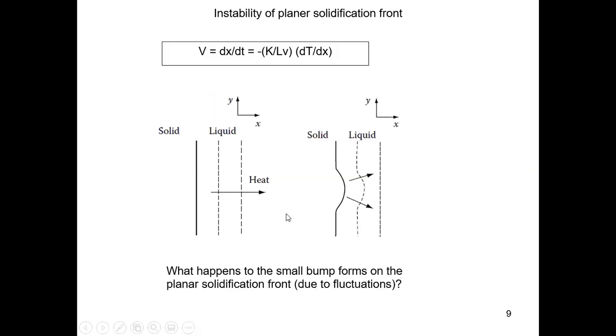In this particular system, if I have a small bump form on the solidification front like this, is this small bump in general going to further grow into the liquid, or is it going to melt back so that you maintain a planar interface?